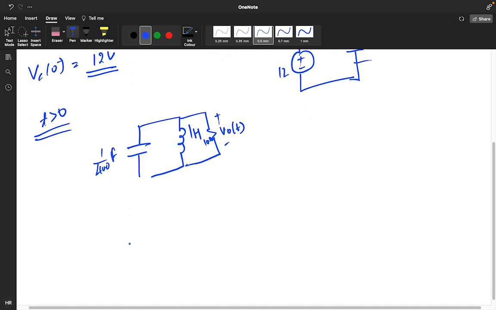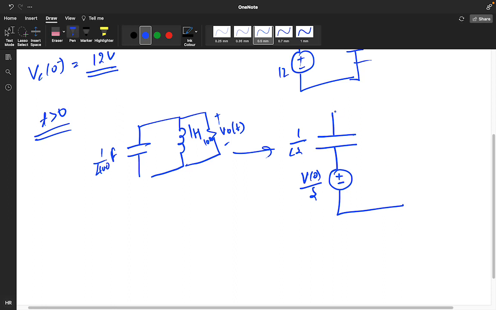Now convert this circuit into the Laplace domain. So you remember, if the initial condition is given, it will be 1 by Cs, and we will get positive negative V(0) by s.